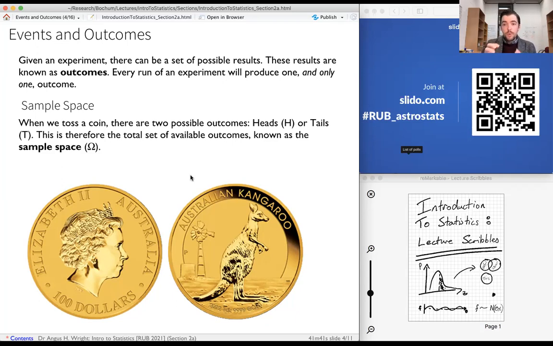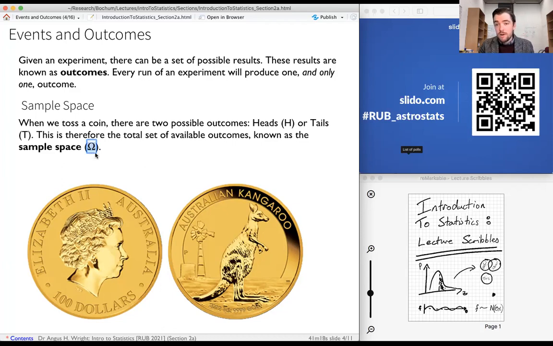Okay, and that's an important sort of definitional thing to understand. It'll also help when we're thinking about how we sort things into outcomes with different experiments a bit later on. The set of all possible outcomes is called the sample space. And the sample space is frequently given this symbol capital omega.